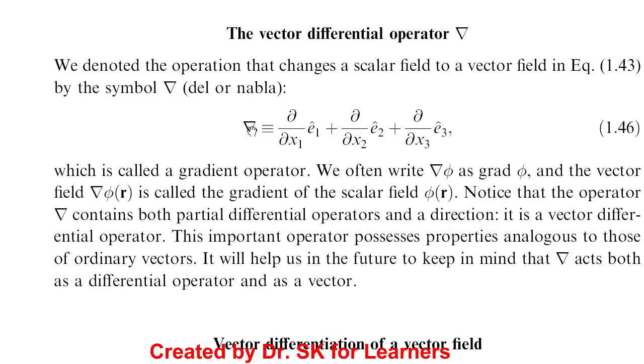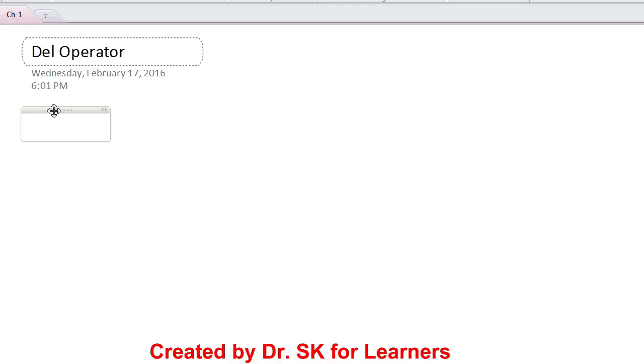It's a vector quantity, and I'll show you how you can write this vector and how it works and what it means in mathematical physics. And it is denoted as the inverted triangle, and remember it's a vector quantity, it's not a scalar quantity.